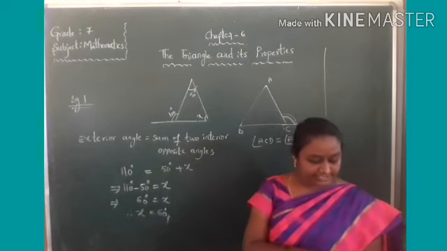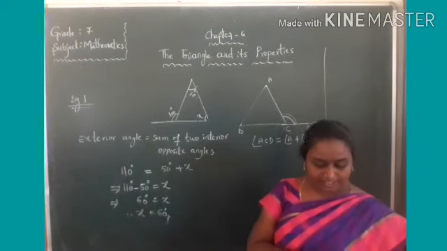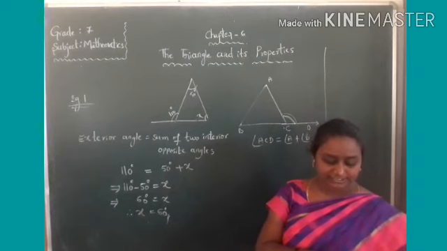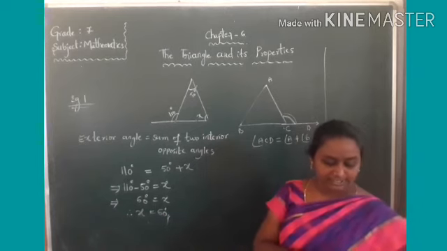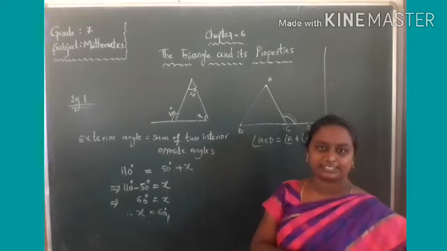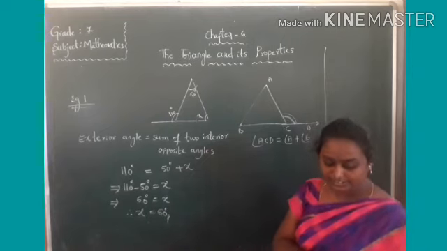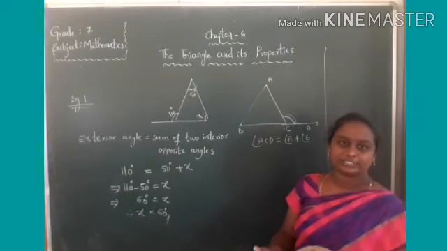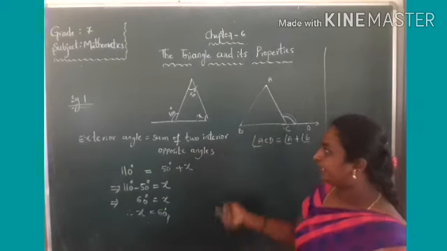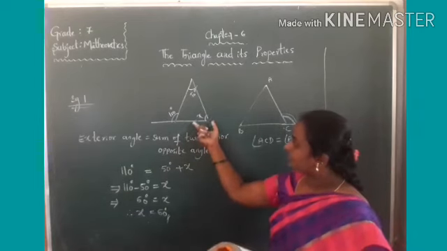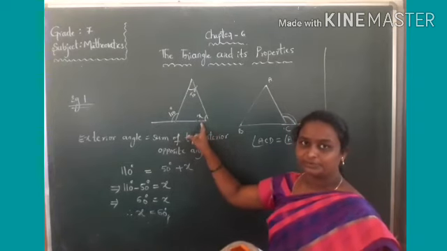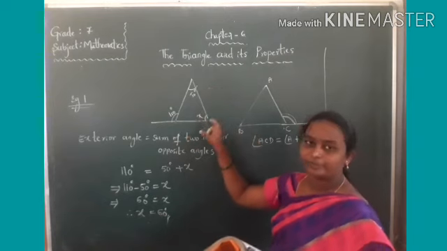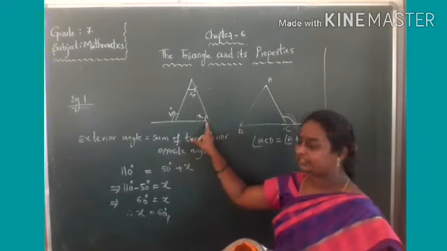Now try this also. First one: an exterior angle of a triangle is of measure 70 degrees and one of its interior opposite angles is of measure 25 degrees. Find the measure of the other interior opposite angle. Same as here, we have to find the X value.